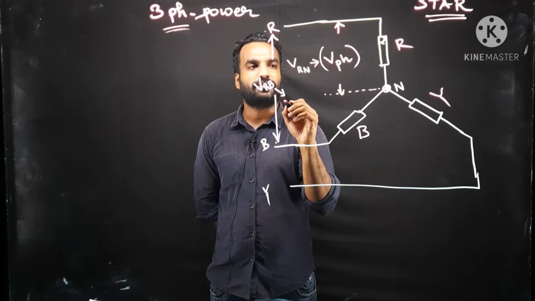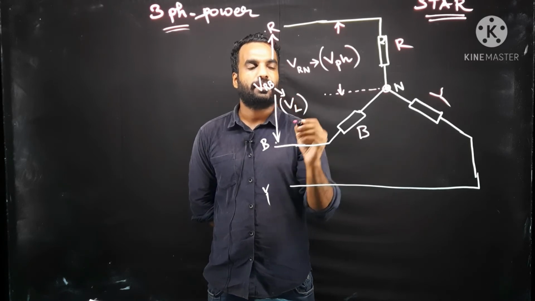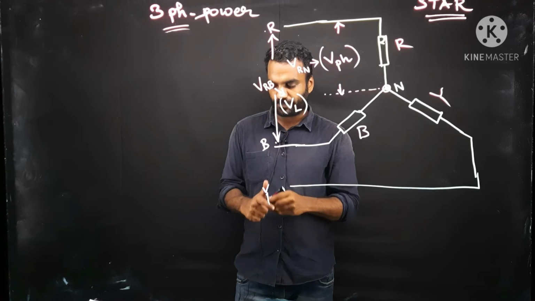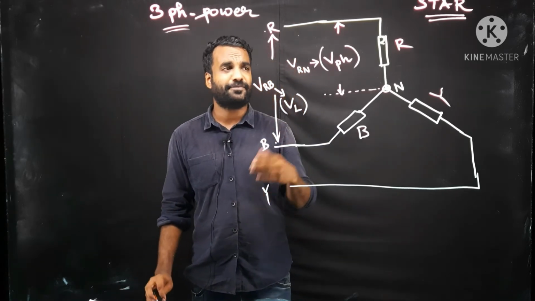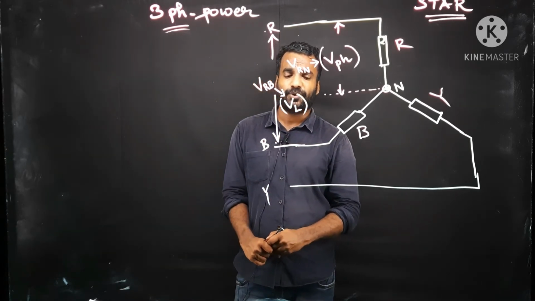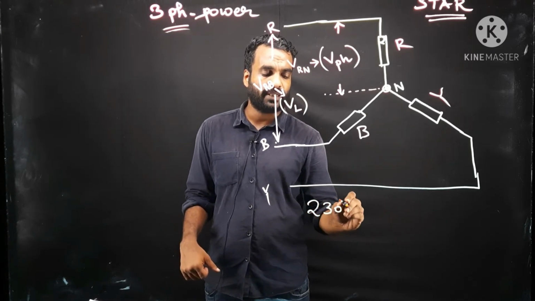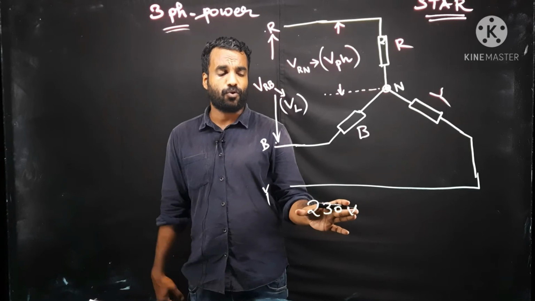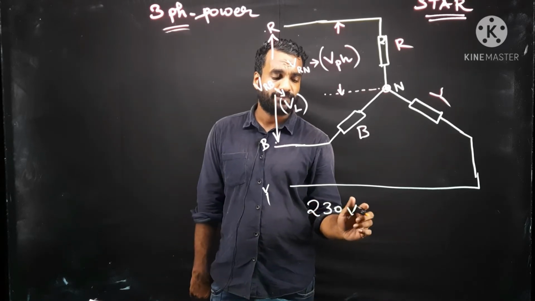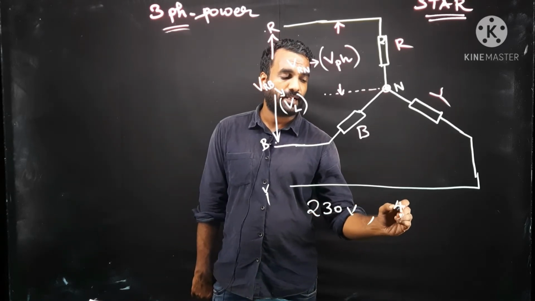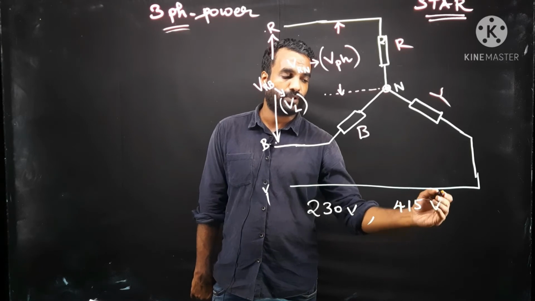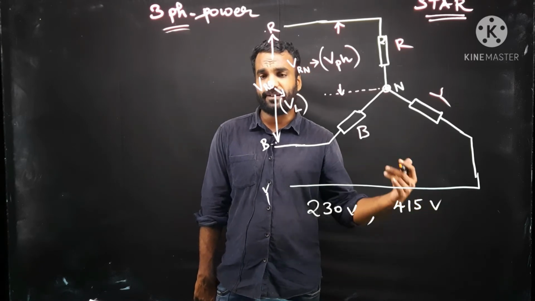That is known as V line voltage. So which will be higher, phase voltage or line voltage? Do you know the value? Generally we are taking 230 volt, that is the voltage that is coming to our home as phase voltage, whereas line voltage is approximately 415 or 420 volt, which is higher.